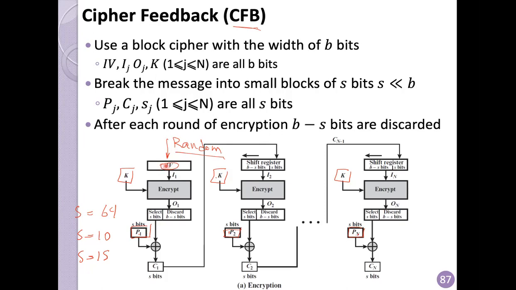Anyway, we have the initialization vector in the first round, or for the first block. It comes and it's getting encrypted. We encrypt it, and the output of encryption gives us something. Let's call it output O1. Let's assume that we are talking about DES.